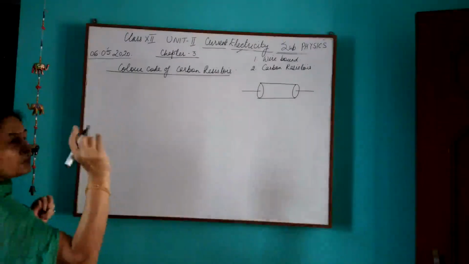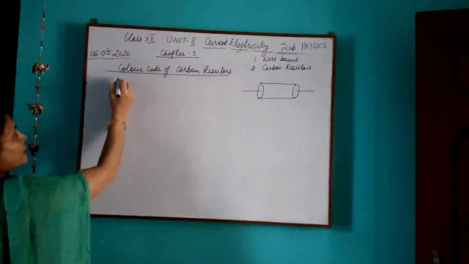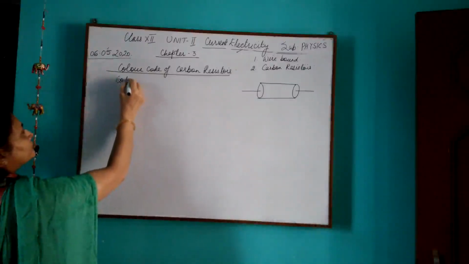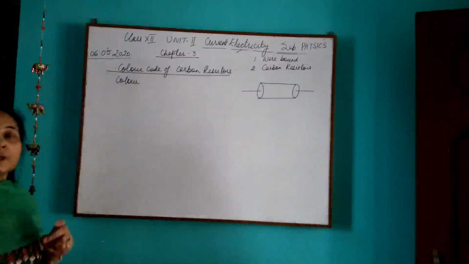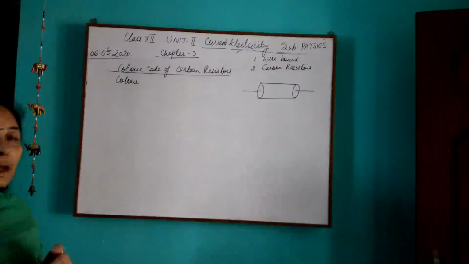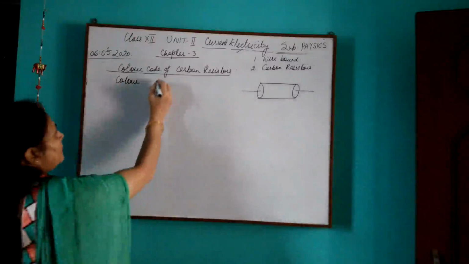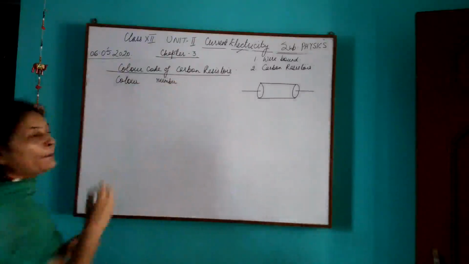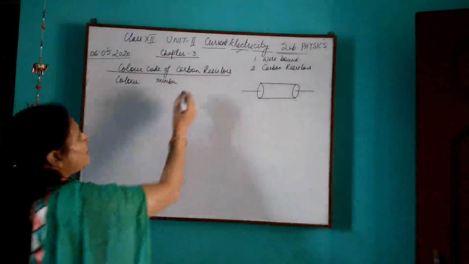Now the table which we will be making is, see, first column will be of color. Then the color is indicating which number. Then multiplier.